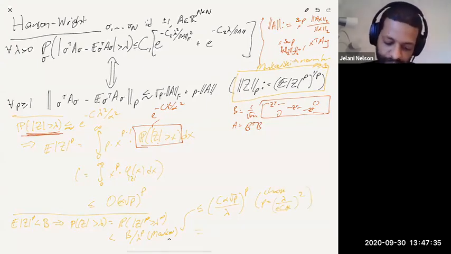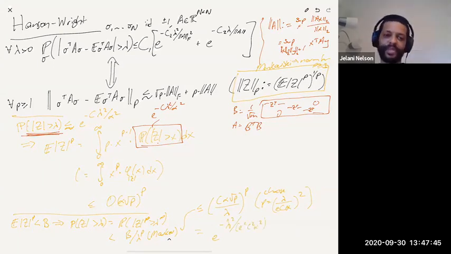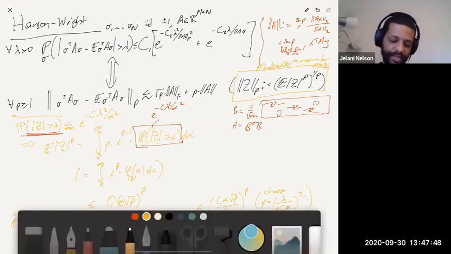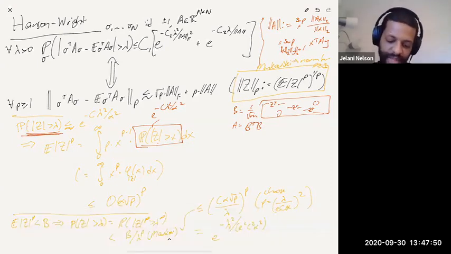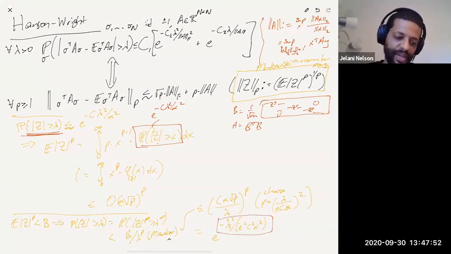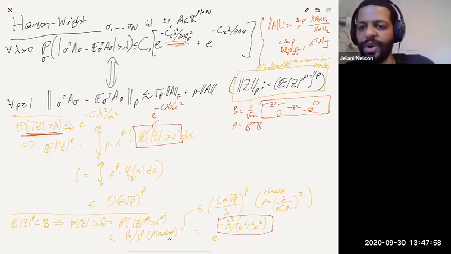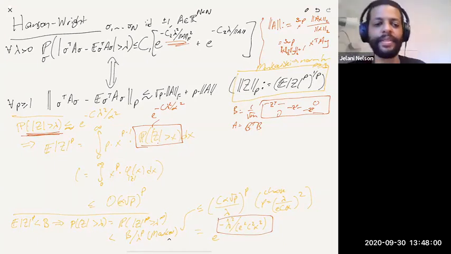Then this is equal to e to the minus p, which is e to the minus lambda squared over e squared c squared alpha squared, which looks a lot like, right? So this exponent is basically the same exponent as what you have here. It's e to the minus some constant lambda squared over alpha squared, where alpha is basically serving as the standard deviation, or alpha squared is like the variance for a Gaussian.